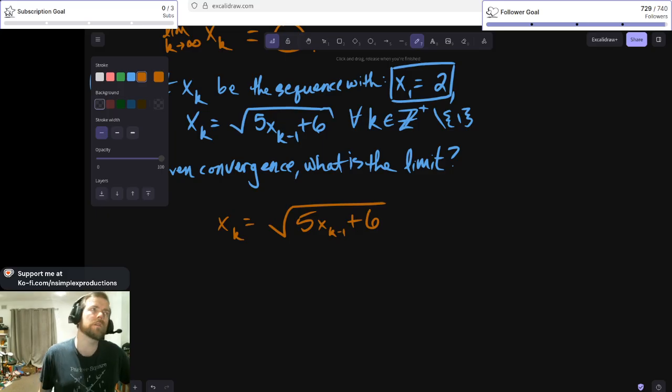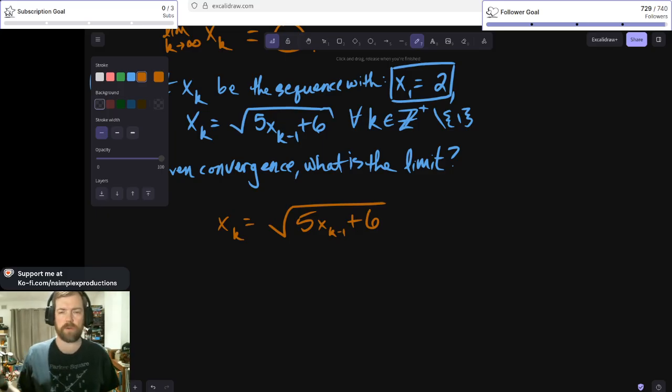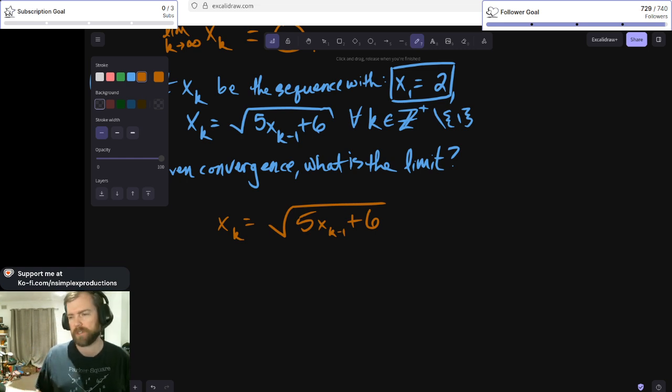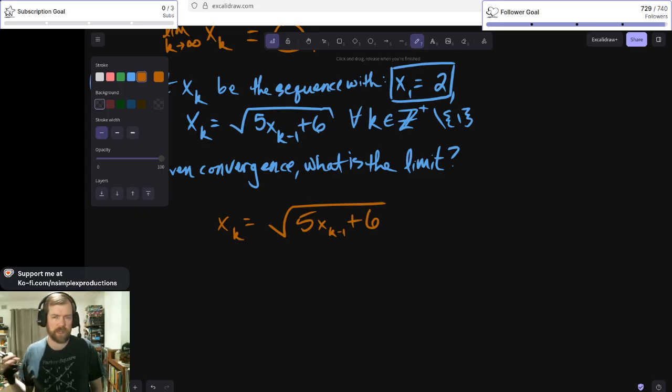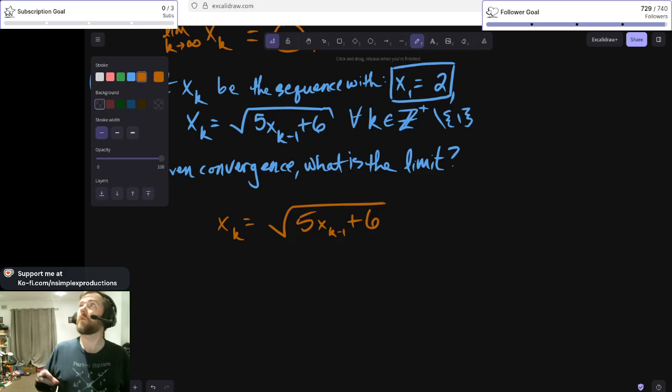Okay, so let's try and get an explicit form of this sequence. Currently it's implicit, which means it's based off of any of the previous values. So here we have x sub k and x sub k minus 1. Instead of that, we want to make sure that our function is based solely on the value of k that is present.